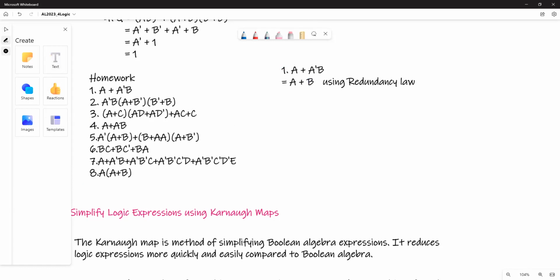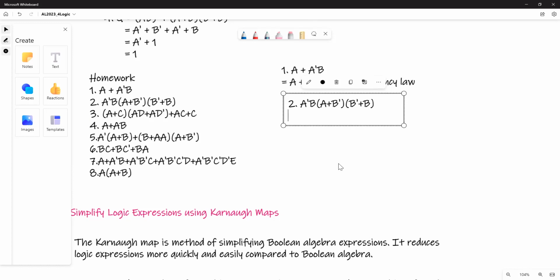Kanta, your answer is correct, but better you write down these laws because if it is an essay question, you better write them down. The second one, we have A bar B plus A plus B bar, and then we have B bar plus B. The first step is we can say B bar plus B is 1, isn't it?